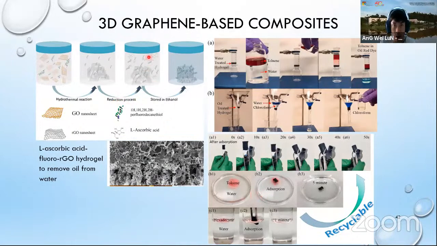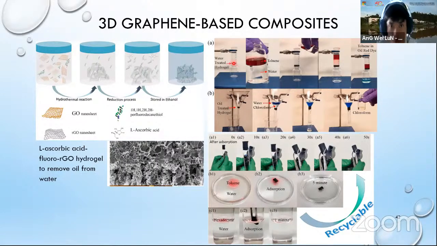So this is actually a 3D graphene-based composite produced to remove oil from water. Okay, so here you can notice that the graphene nanosheet is being reduced to reduced graphene oxide, and then being combined together into a 3D structure. So the 3D structure here is actually the black color here.